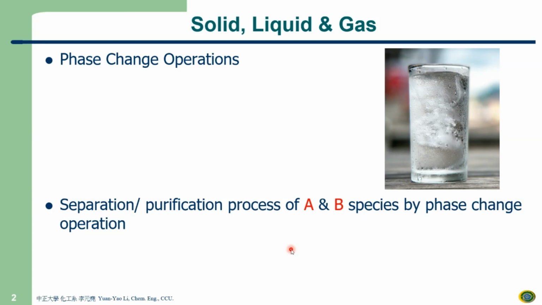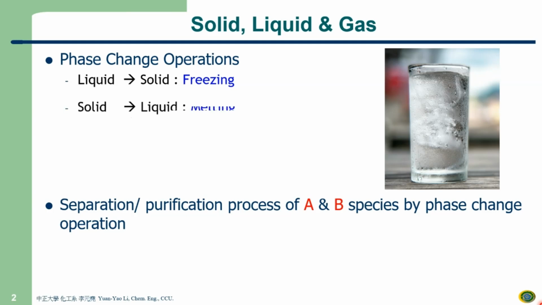Okay. So first of all, let's start from something fundamental: solid, liquid, and gas. Think of water, and then we have phase change operations. This is water. You have ice, you have liquid water, you have vapor or steam or gas, right? If water goes to ice, what's the term you need to use? From liquid to solid: freezing, right? What happens if you go from solid to liquid?